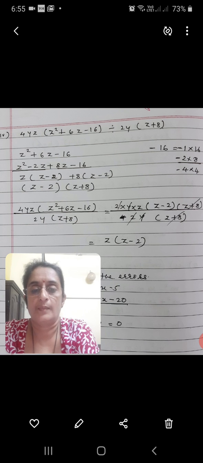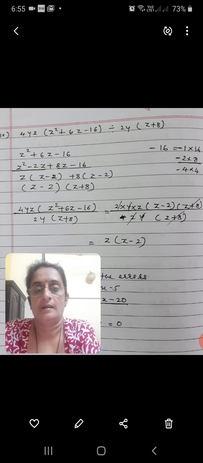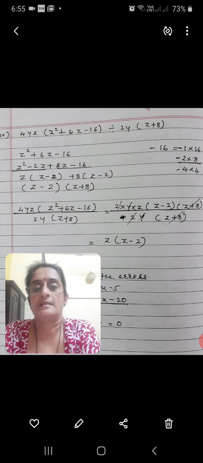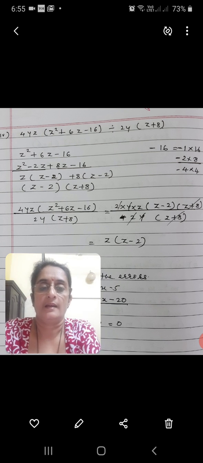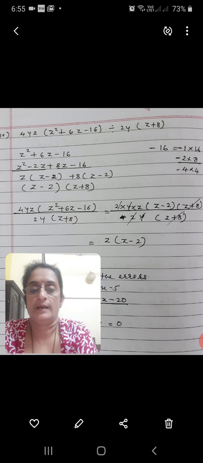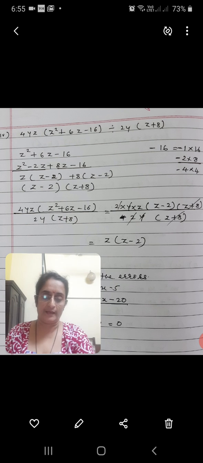Now see what can be cancelled. z + 8 is the common bracket, cancel it. 2y can be cancelled. So whatever remains, that is 2z(z − 2). Instead of 2z, I have written only z, children. Make it 2z. Fine. Here we are done with exercise 6.3.